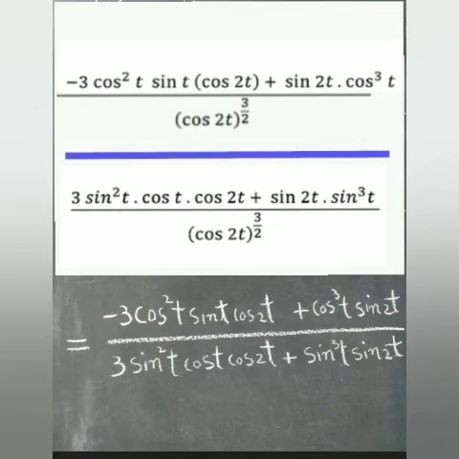Thus, dy by dx is equal to minus 3 cos square t sin t cos of 2t plus cos cube t sin 2t, divided by 3 times sin square t cos of 2t plus sin cube t into sin of 2t.